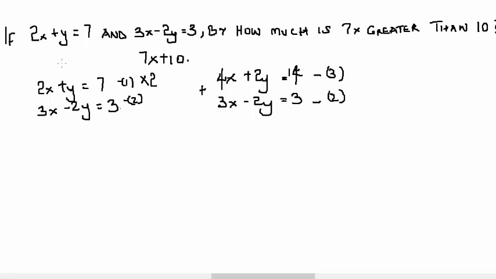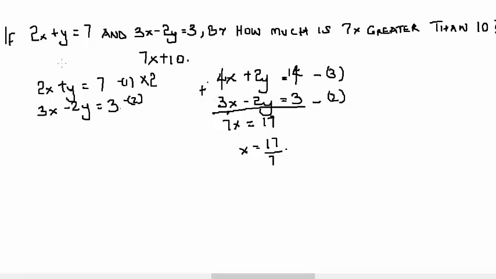So we're going to add, since there's already a subtraction sign here. So 4 plus 3, I have 7x is equals to 14 plus 3, I have 17. So my x is equals to 17 over 7.